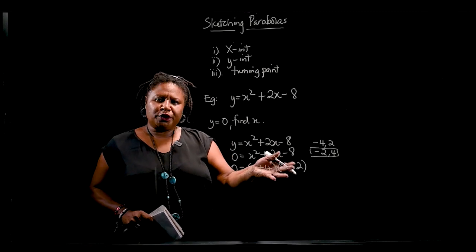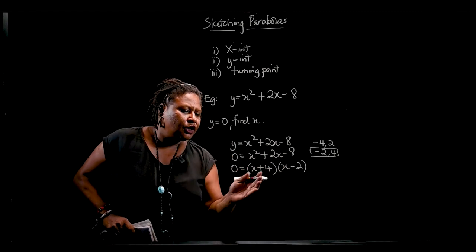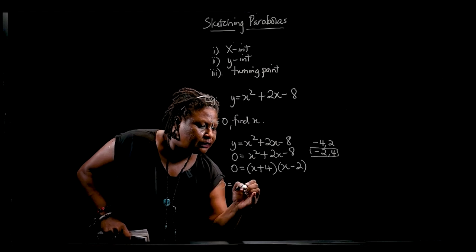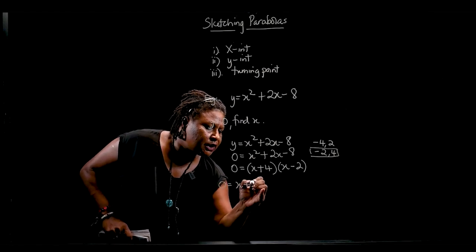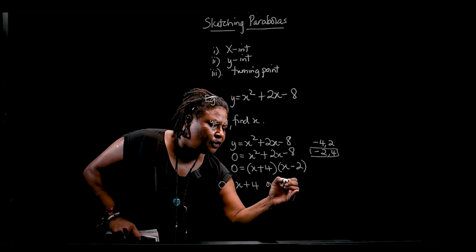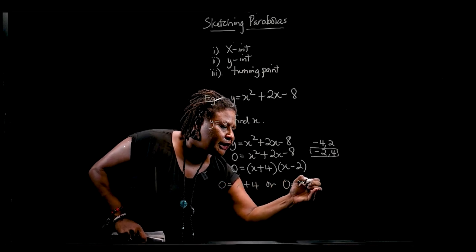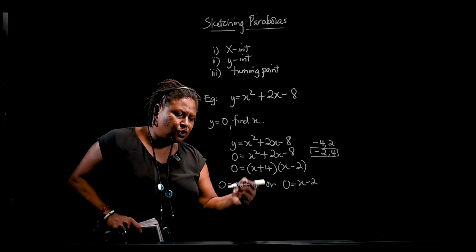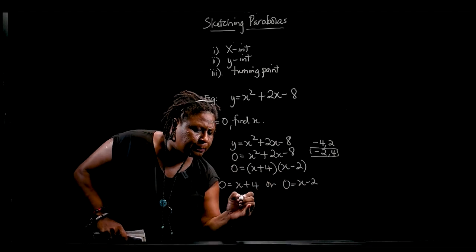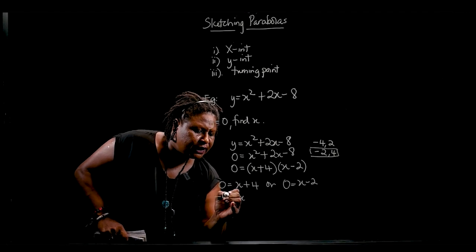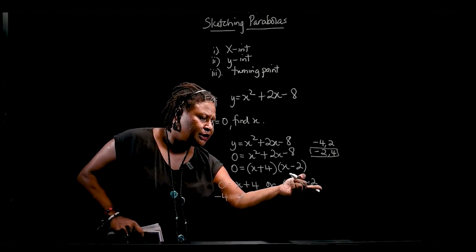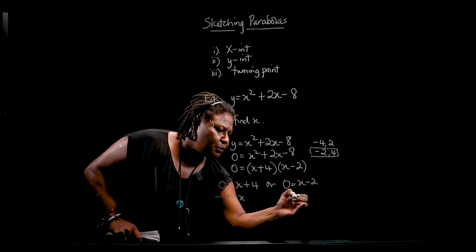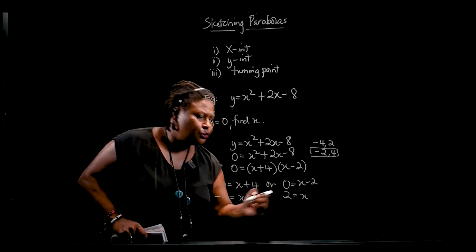This is the point where we apply the null factor law, so that 0 is equal to one factor here, x plus 4, or x minus 2. In order to find x, we need to solve. We take 4 across, and x is therefore equal to negative 4. And here we take 2 across, so x will be positive 2.